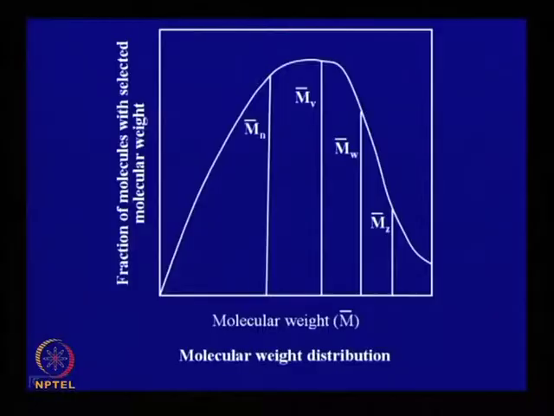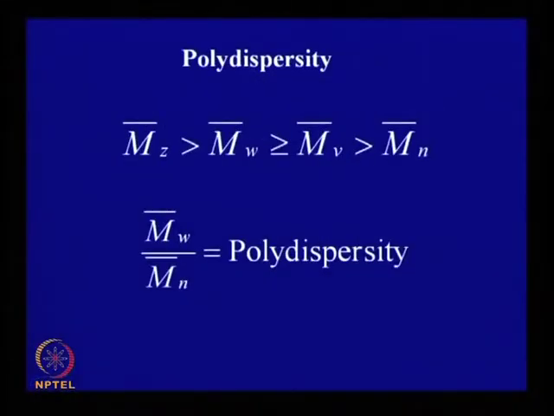Okay. So, the relation is, look at this: M z bar is greater than M w bar, which is greater than or equal to M v bar, which is greater than M n bar. M n bar is the lowest, and the ratio of these two parameters, M w bar over M n bar or M z bar over M n bar, is known as the polydispersity.